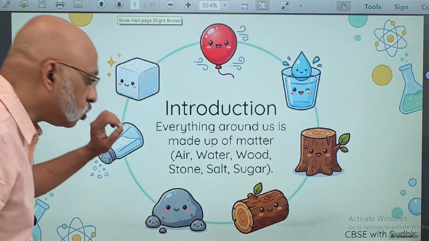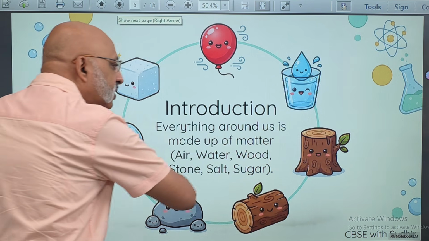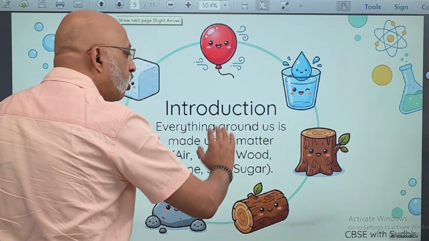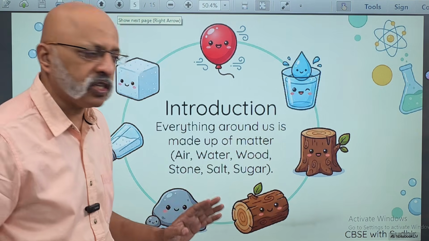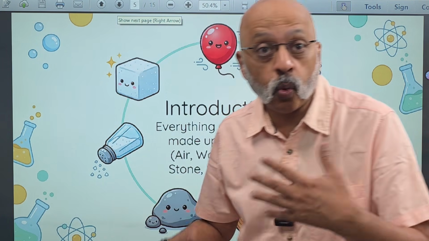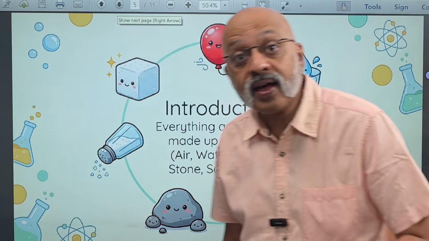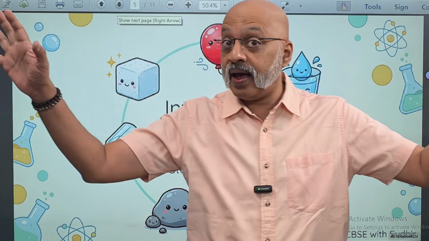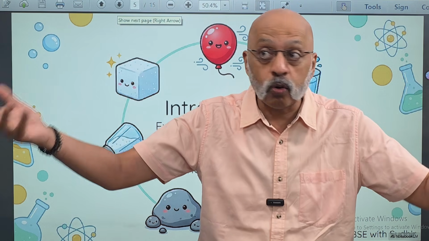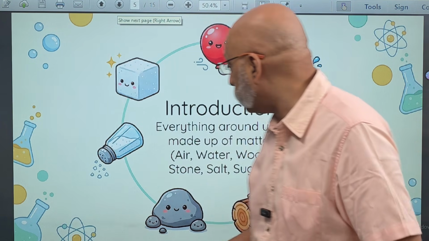Now, what you need to understand after this introduction is that everything around us is made of matter. Whatever you see around us is actually matter. What all are these examples of matter? You talk about air. Air is actually matter. Of course, you don't see it around us but you can feel it because you are breathing in and breathing out.